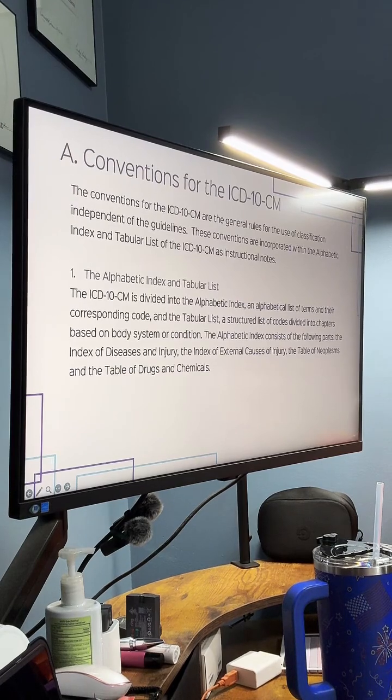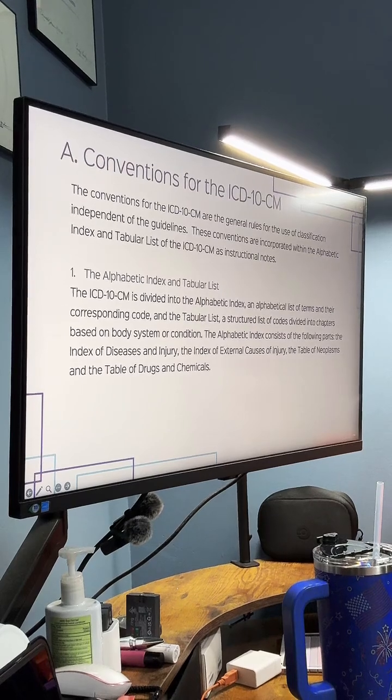The conventions for the ICD-10-CM are the general rules for the use of classification independent of the guidelines. These conventions are incorporated within the alphabetic index and the tabular list of the ICD-10-CM as instructional notes.